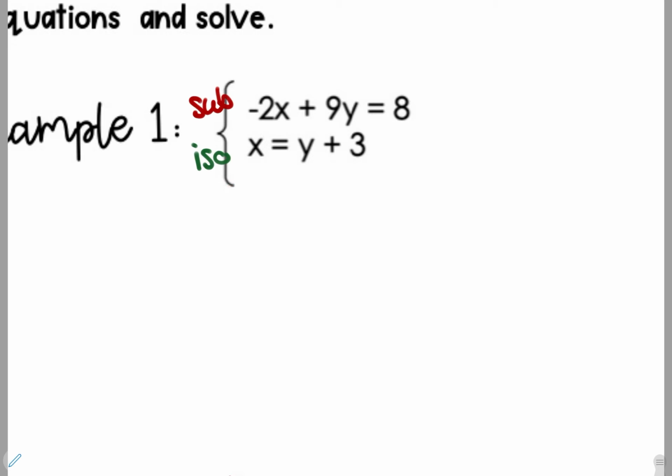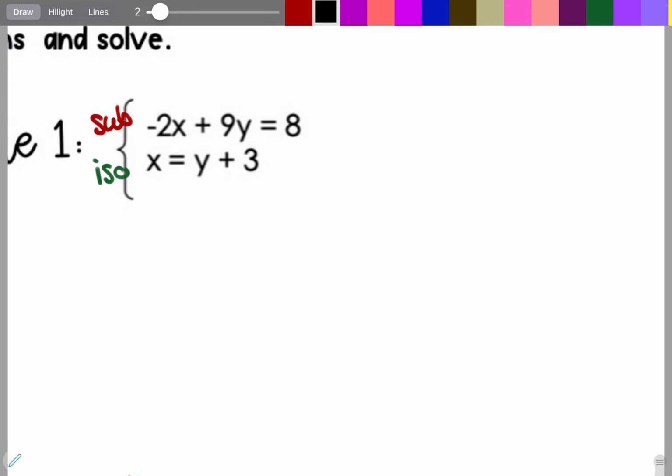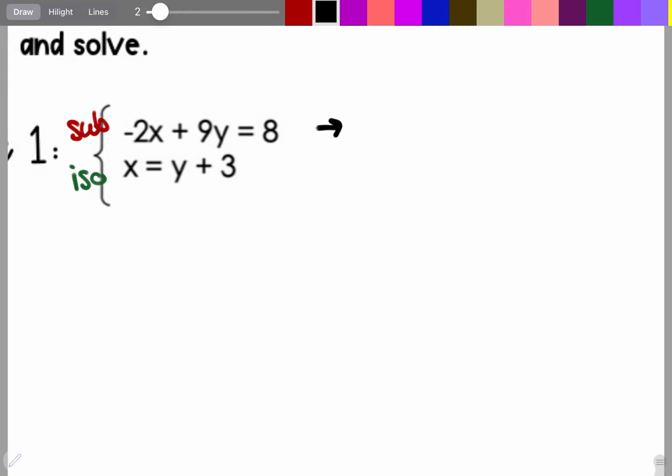First thing I want to do is identify a variable being isolated, whether it be x or y. So right here in example 1, this is my ISO. Therefore, this guy right here is my substitution equation. What I must do as a student is rewrite my substitution equation. Negative 2x plus 9y equal to 8.